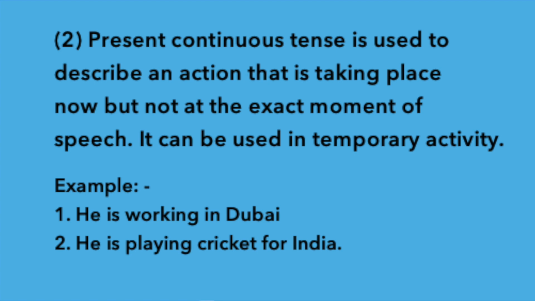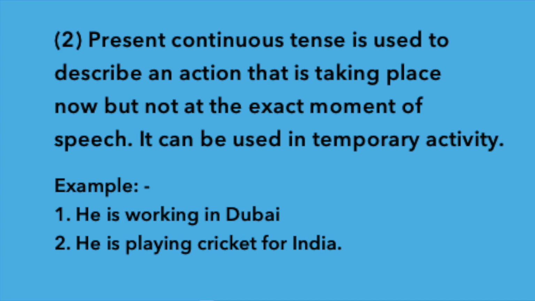See another example. He is playing cricket for India. Means the action may not be happening exactly now, but it's happening just before and just after now. It's not permanent. Maybe he is resting at home at the exact moment of our speech. But from this sentence we can understand that he is a player for India.